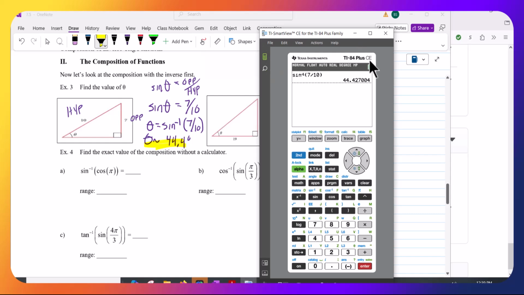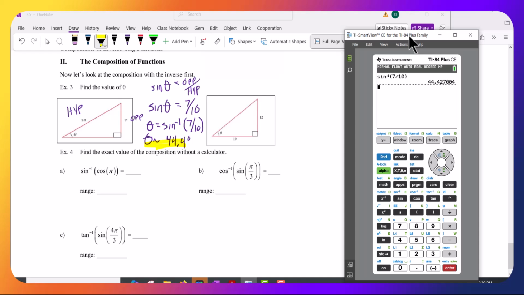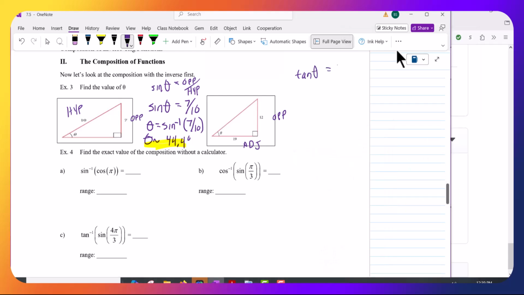Okay. All right. Then the next thing we want to do is let's just look at what this other triangle is telling us to do. So talk out what you have in relation to this. What you have is you have the side opposite, and then you have the side adjacent. Okay, so we learned that the tangent of theta is equal to the opposite over the side adjacent.